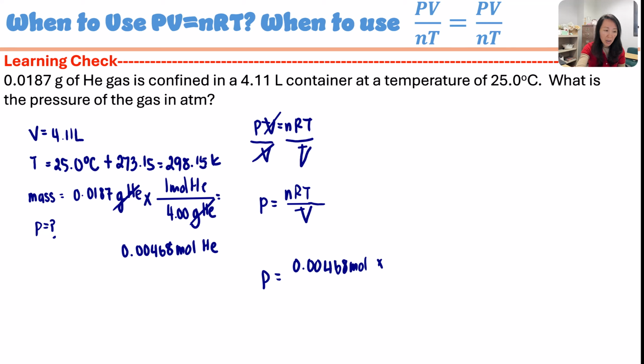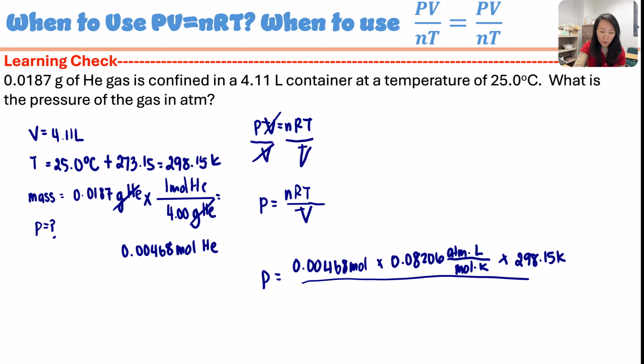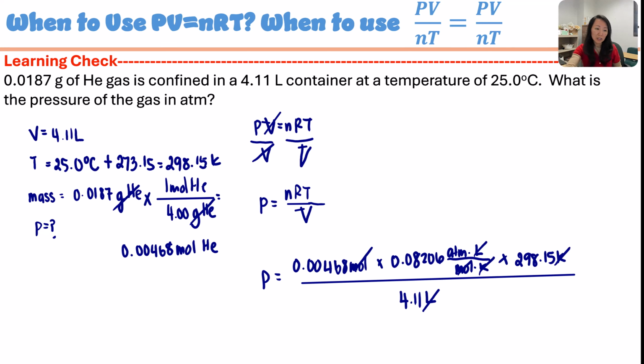Multiply the R constant, which is 0.08206 atm liter over mole K. And then we have our temperature in Kelvin, that's 298.15 Kelvin, all over the volume, which is 4.11 liters. If you cancel out all the units, you cancel out the moles, the liters, and the Kelvin. You're left with atm, and that's good because we want to know the pressure in atm.